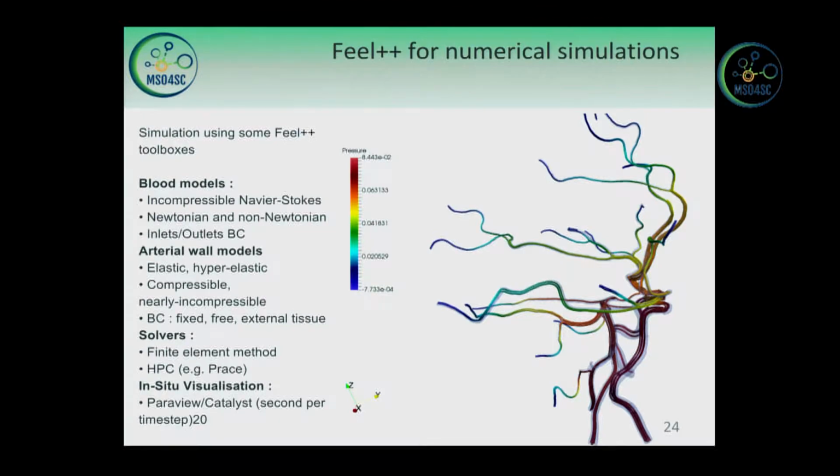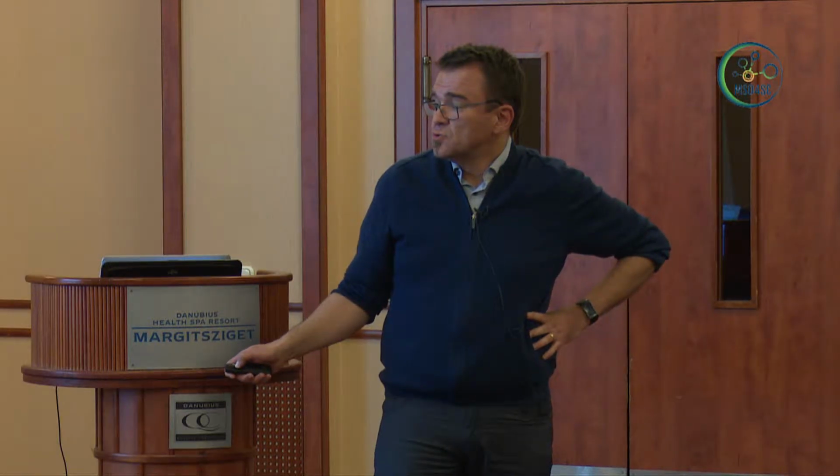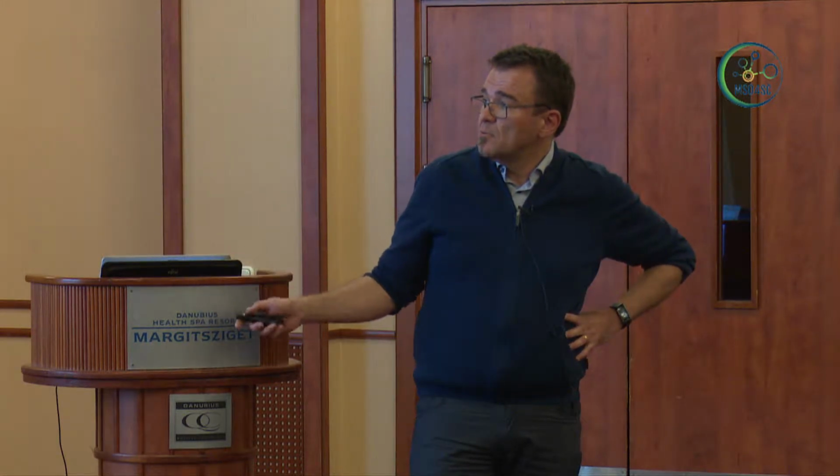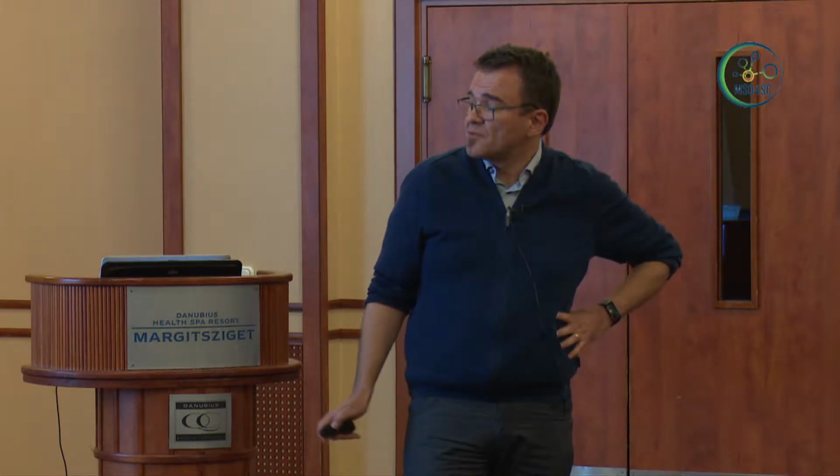We have some efficient solvers for Navier-Stokes and fluid structure interaction available. We deployed those solvers on PRACE infrastructure on hundreds and thousands of cores. And what we do also is in situ: we have in situ facilities to monitor the simulation through ParaView.